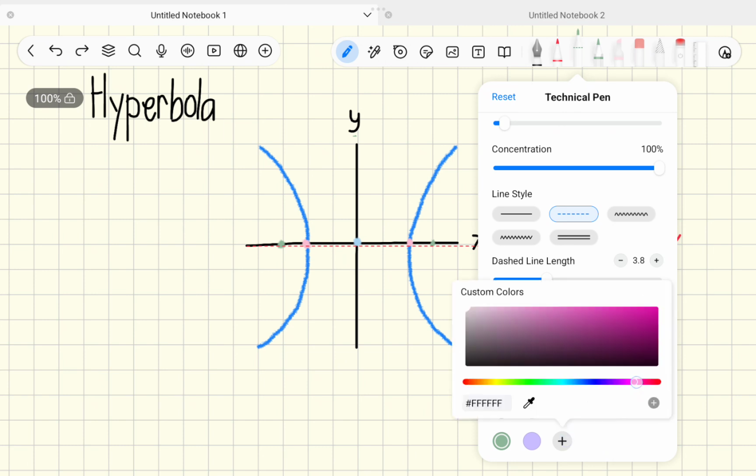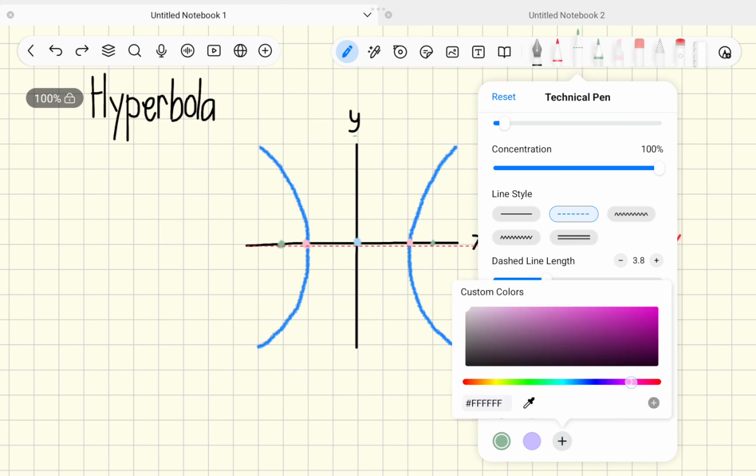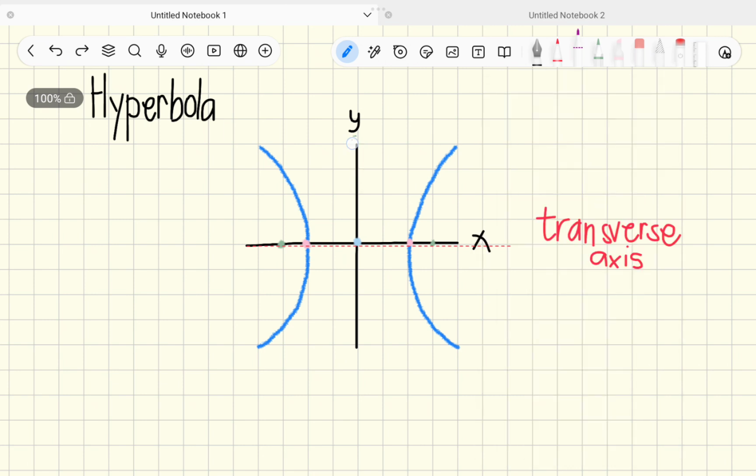Pink will do. So this one is perpendicular to your transverse axis. This is what you call your conjugate axis.